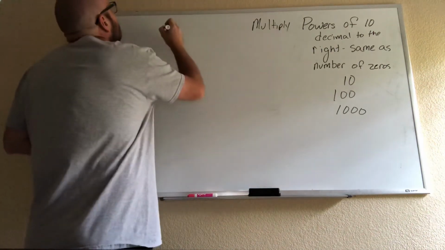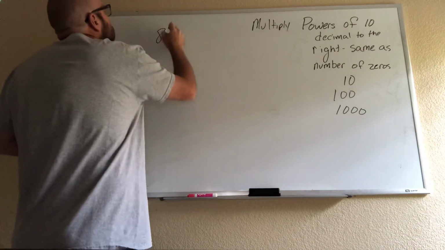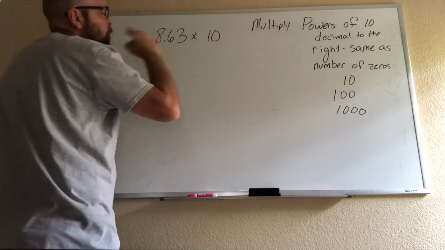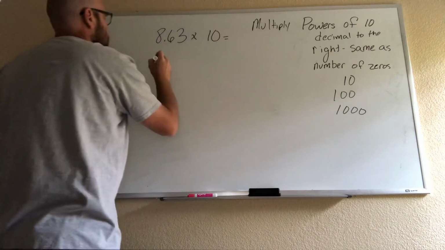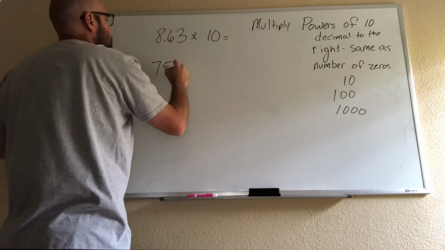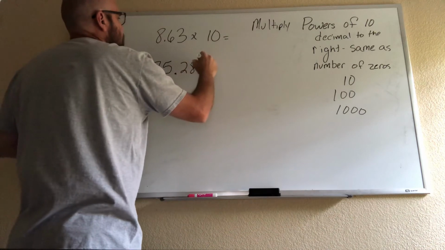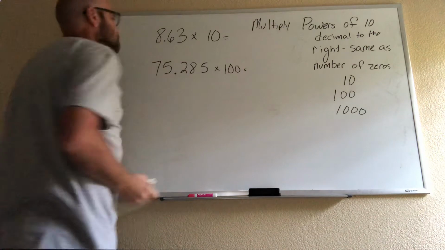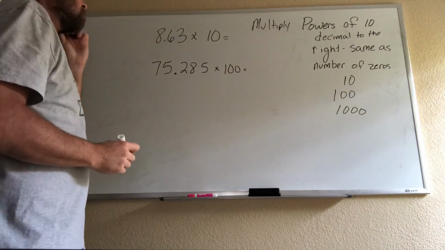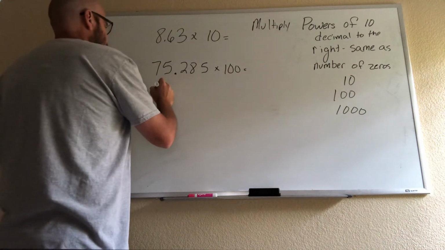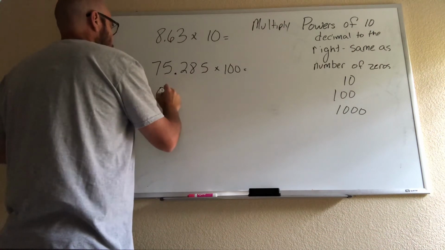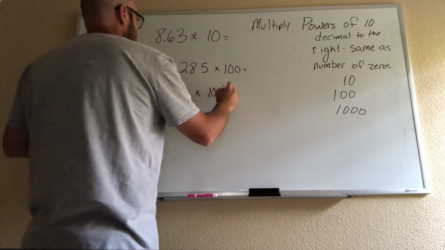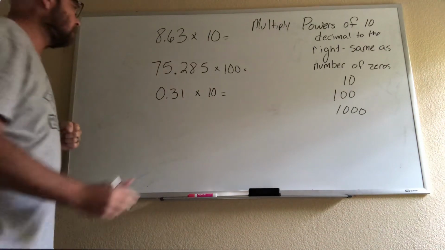Let's go. 8 and 63 hundredths times 10. 75 and 285 thousandths times 100. 31 hundredths times 10.